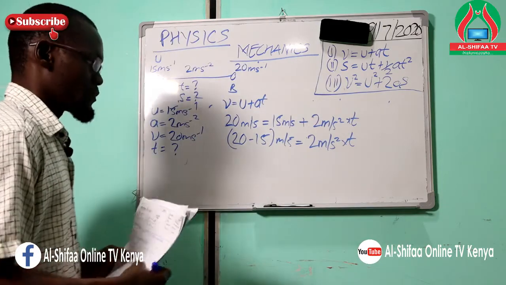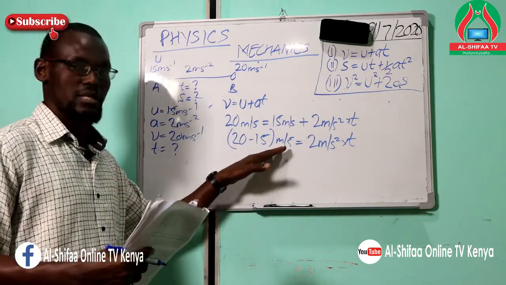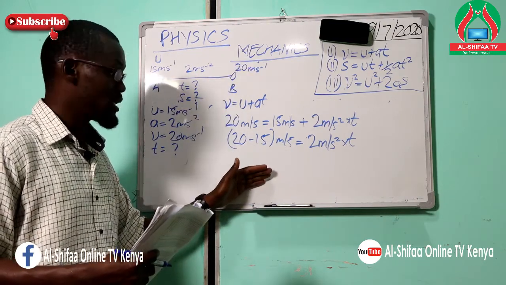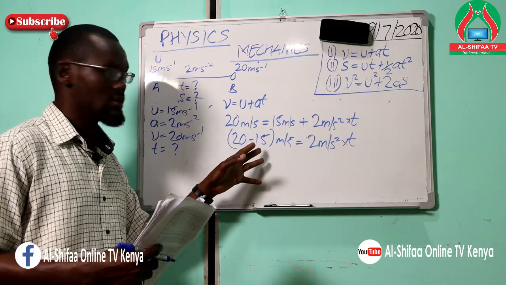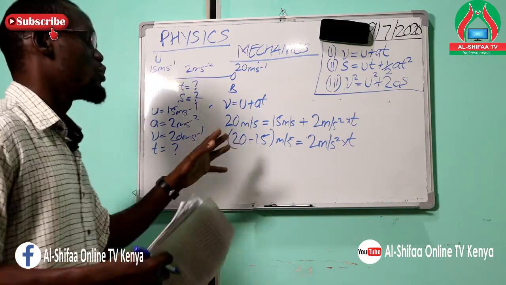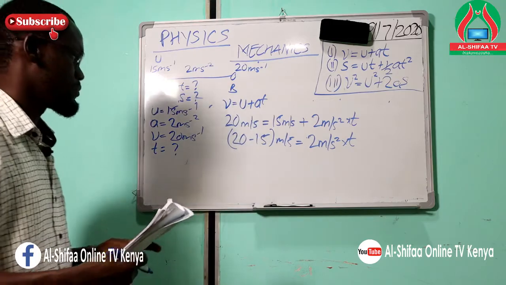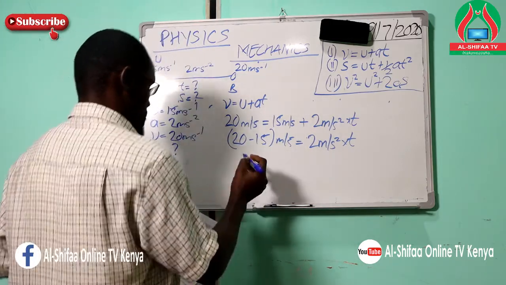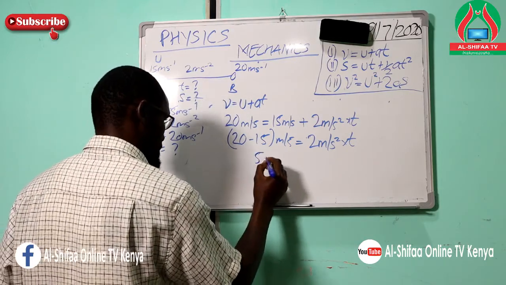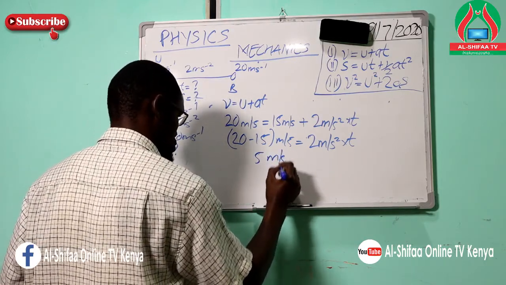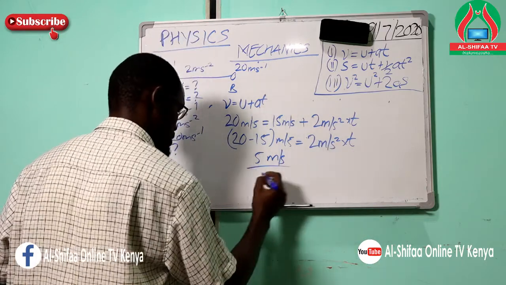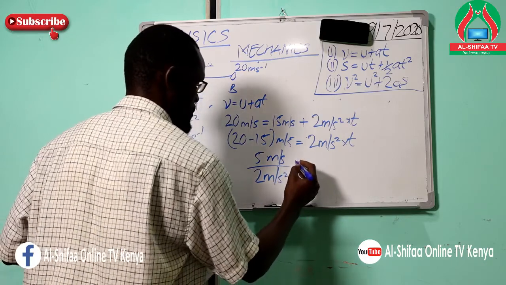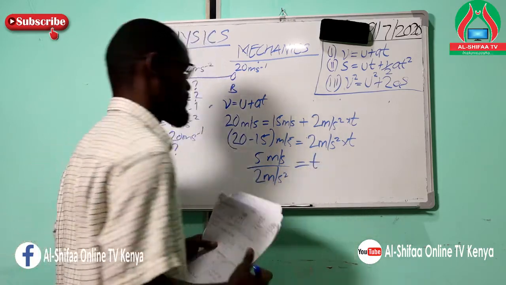So why am I including the SI unit? To avoid that you have reached the final answer and you just put units which you don't know where they came from. So we'll find that we'll get 5 meter per second when divided by 2 meter per second squared, we'll get t.